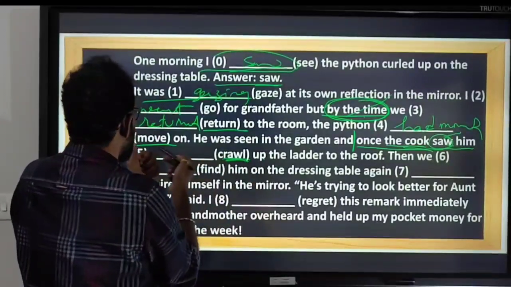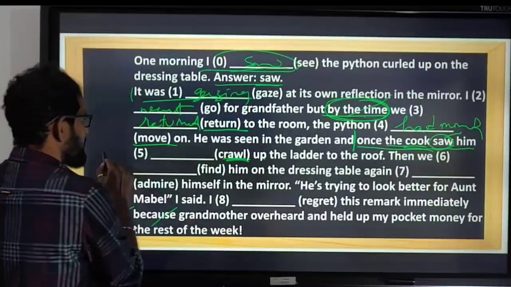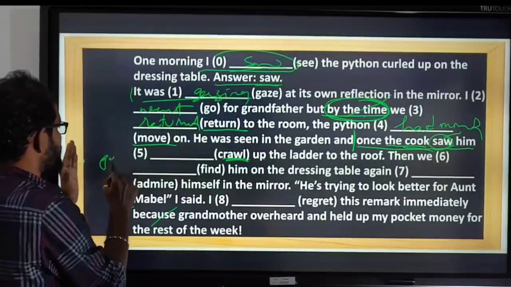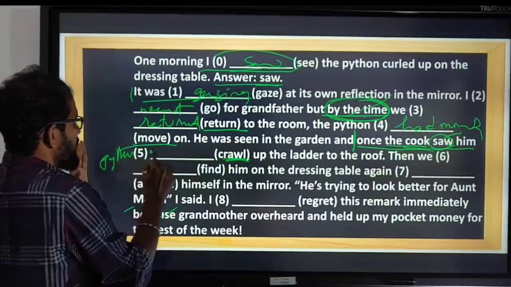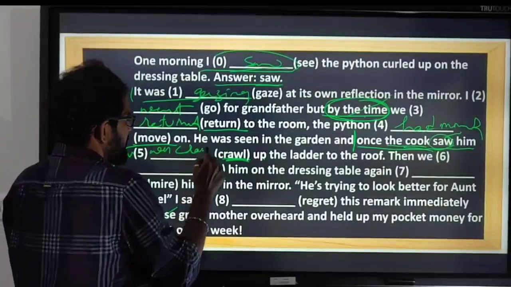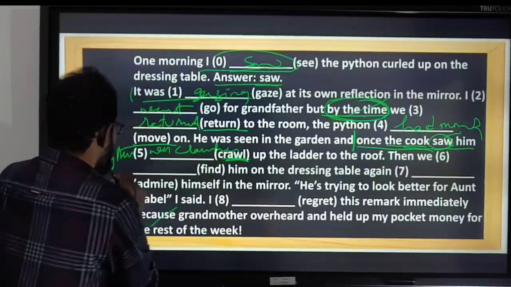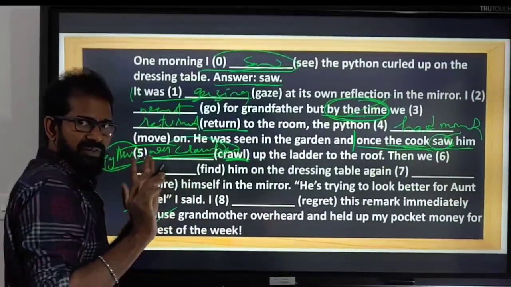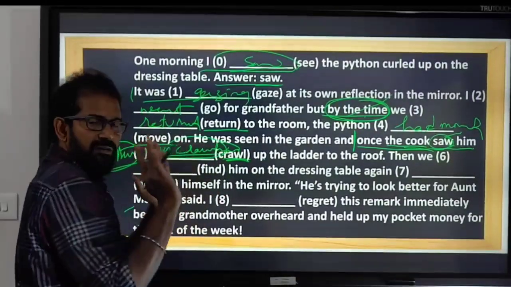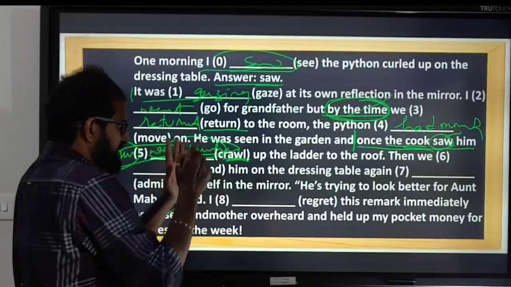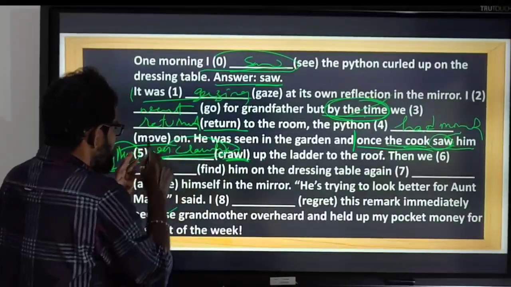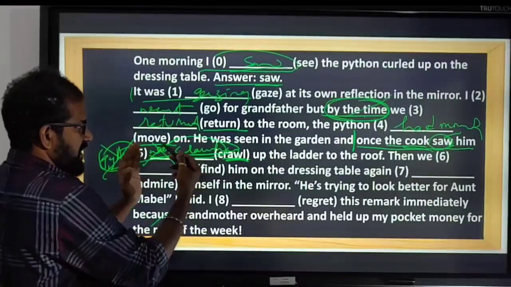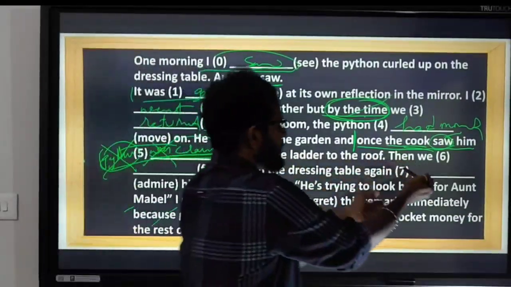Who is crawling here? The python. So python, suppose if you make it a simple sentence, I'm trying here. Python was crawling. Python was crawling is a simple sentence. Was crawling is a main verb, but we don't want the main verb. We just want only participle, either past participle or present participle. So we just remove was and Python. We just use the word crawling. So crawling up the ladder to the roof.